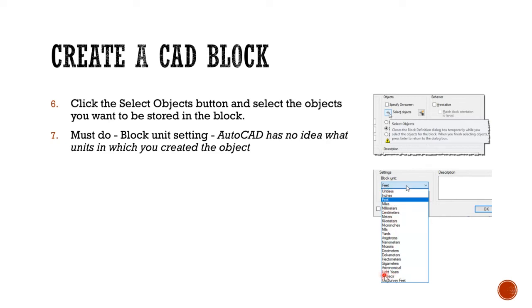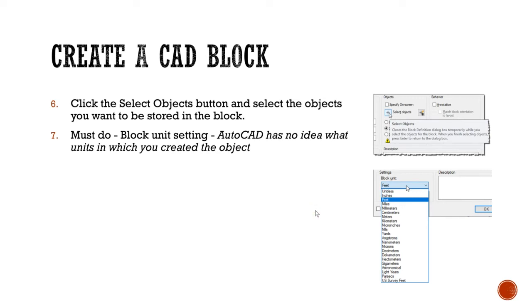You have to do your unit setting, because in AutoCAD we are not working on scales. It's just taking whatever we are giving, and then the scale is set by us, the units and scale. The same thing happens for a CAD block. Just because you have the units set in the drawing, don't take it for granted that it's going to reflect in your block. It might be different. So you always set your units and then you save it.